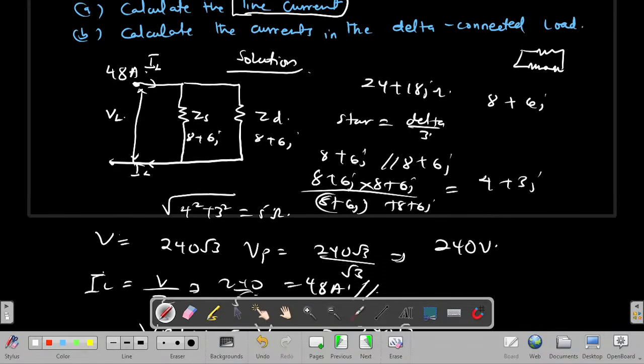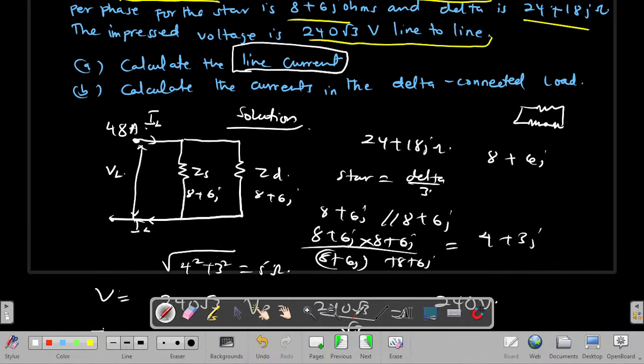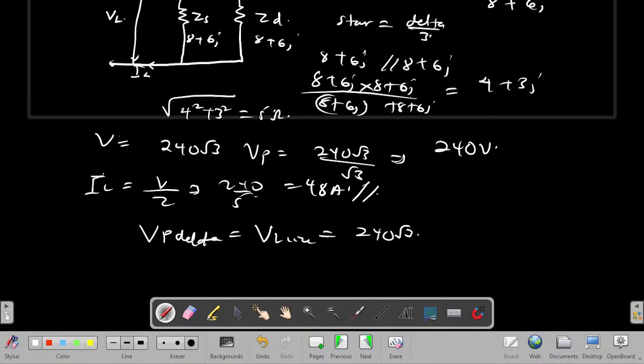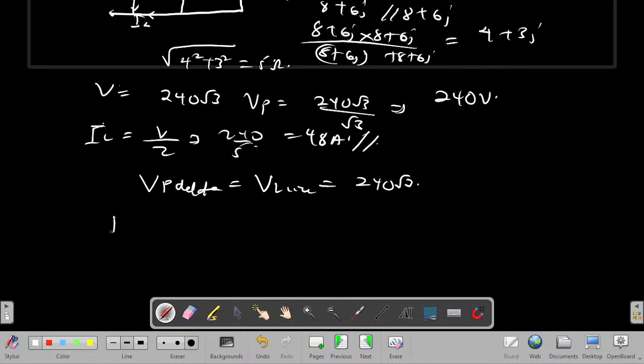Once you have this done, what is the impedance per phase for our delta? The answer was what? 24 plus 18j, right? So therefore, to find my current in my delta is simply equal to my voltage, which is 240 root 3 over 24 plus 18j, right? So to do this, what do you do? You simply have to convert your 24 plus 18j to magnitude.